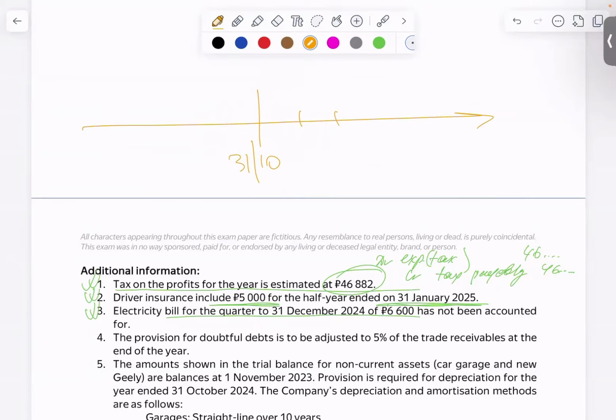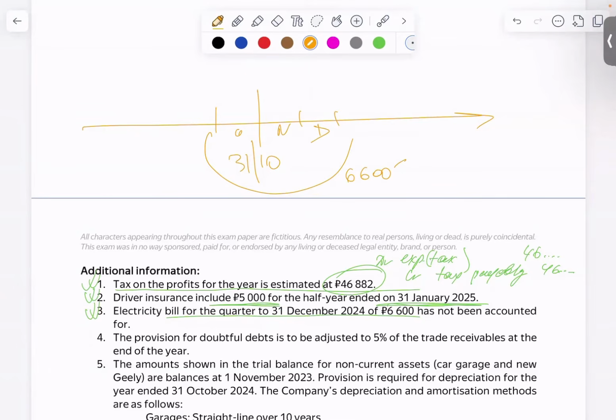And the electricity bill, which would cover 3 months up to the 31st of December, would include 6,600 of electricity expense. So we have to assume that electricity is spent on a smooth basis.